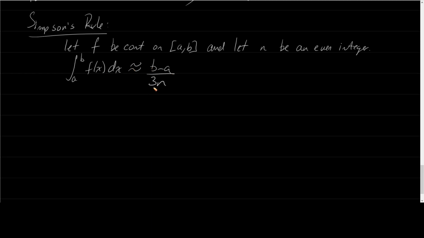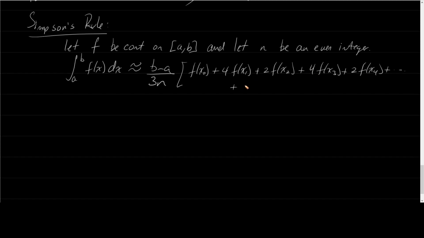So (b minus a) over 3n times f of x naught plus 4 f of x sub 1 plus 2 f of x sub 2 plus 4 f of x sub 3 plus 2 f of x sub 4 plus so on and so forth until we get to the second to last one, 4 f of x sub n minus 1, plus f of x sub n.